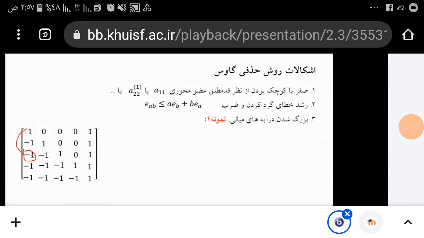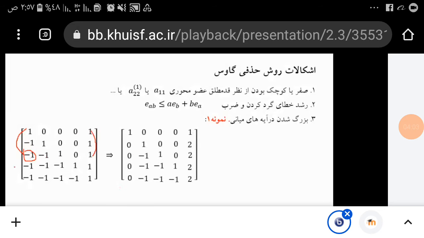Okay, 0 minus 1 1 0 2. Also for row number 4 and row number 5, we will have this matrix.